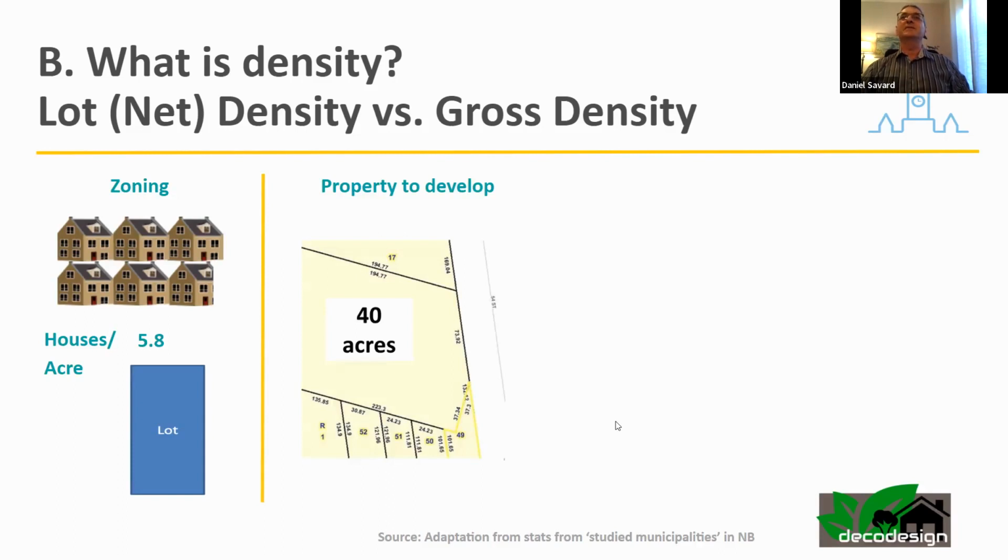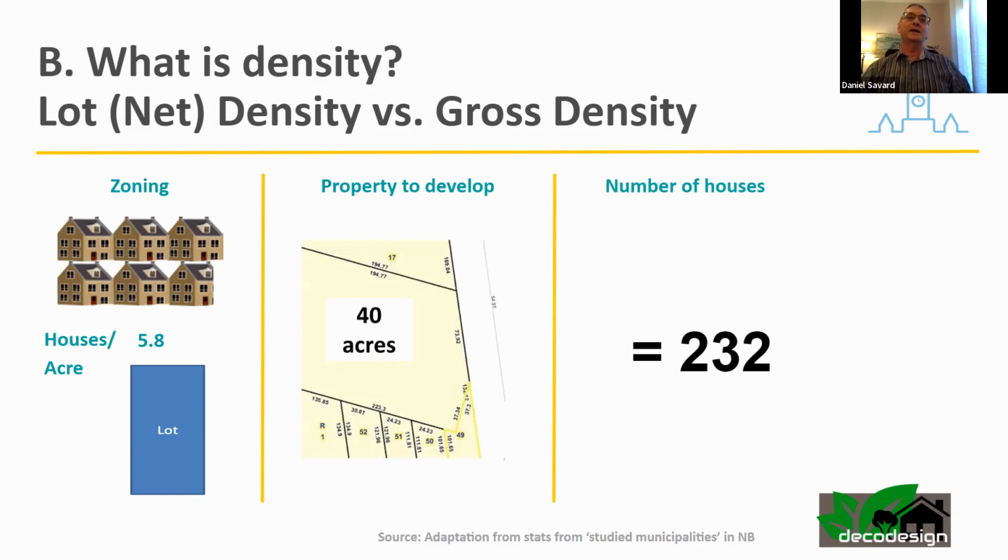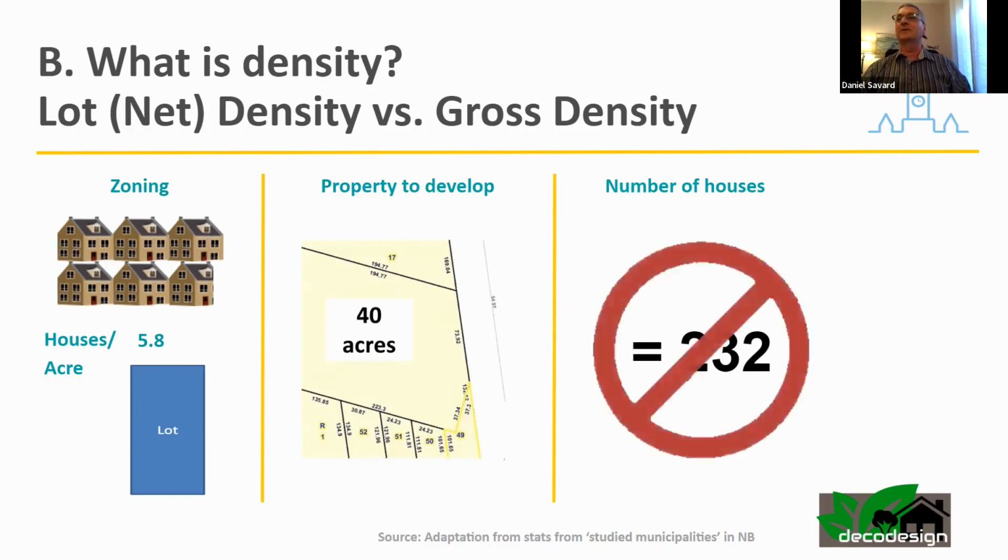Of course, you're going to think, okay, the number of houses should be 232, 4.8 houses per acre, 40 acres, 232. But the reality is not like that. And you know that because you work in planning to a certain extent, and you have seen that and experienced that.